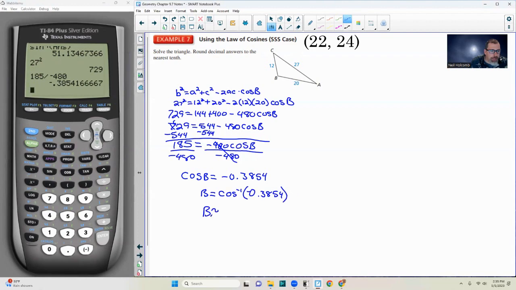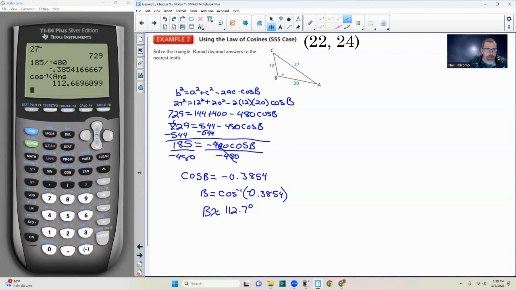So B is approximately, and I'd go second cosine, second answer to put this in without rounding, and I get 112.7. Nearest tenth, B is 112.7 degrees. It's an angle. So there we go. B is 112.7 degrees.